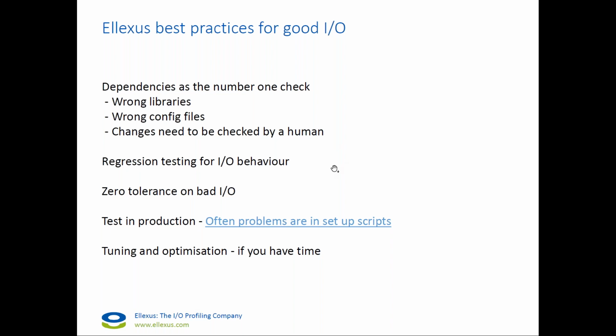You should have 0 tolerance on bad I/O, and you need to test in production because quite often the problems are in the setup scripts or in the final way the application is deployed, not necessarily in the way the application is being designed. And then finally, if you've got time, then you can work out how to do some tuning and optimization.